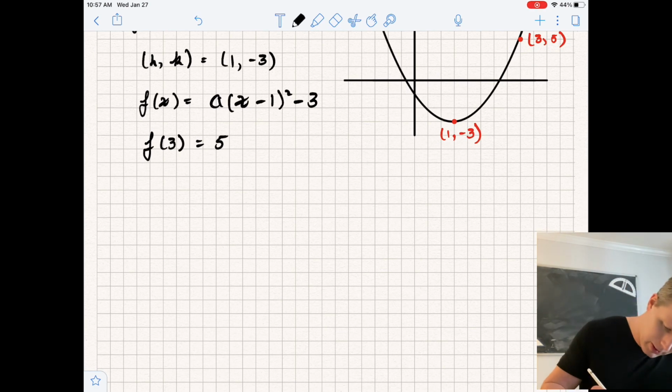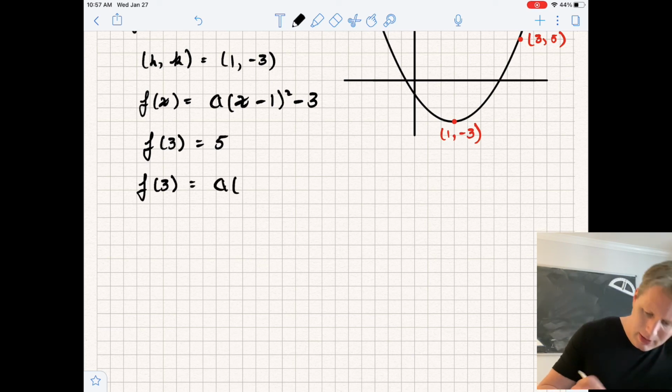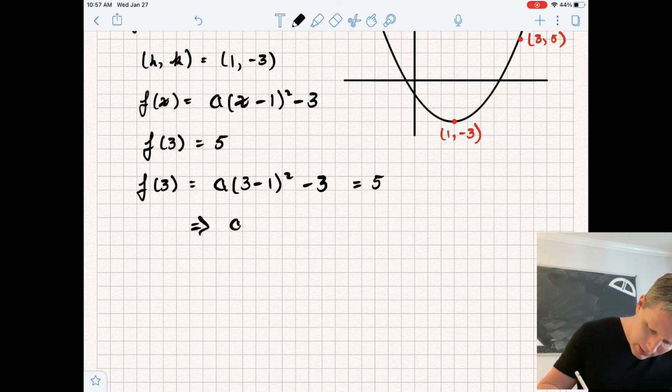All right, so what is f of 3? Well, f of 3 is a times, instead of x minus 1, I have 3 minus 1 squared minus 3. And we know that this is equal to 5. So completing it, I get a times 3 minus 1 is 2. 2 squared is 4. Minus 3 is equal to 5.